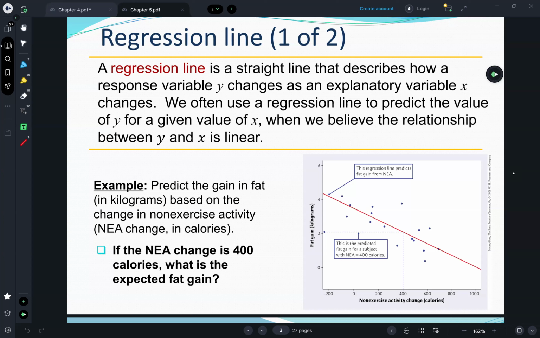Because the data doesn't carry every single possible X value, right? There might not have been a 400 in the raw data, but we have that line, we can estimate what it would be. Actually, there would be a data point there. The raw data are those points on the scatter plot.